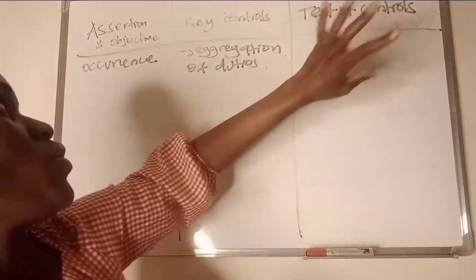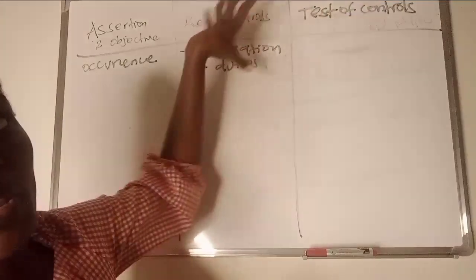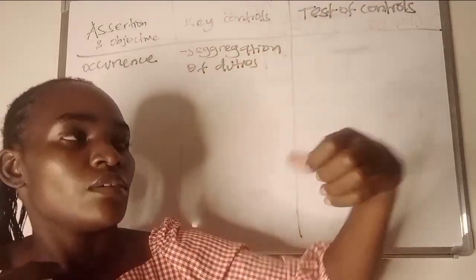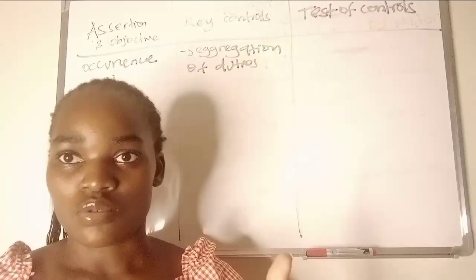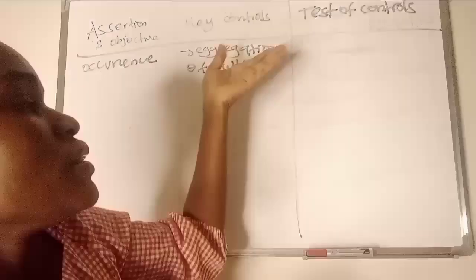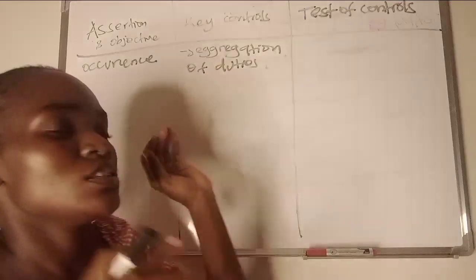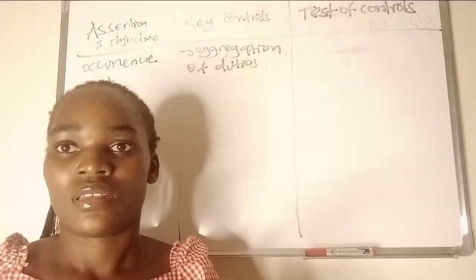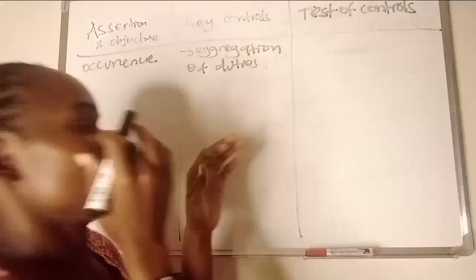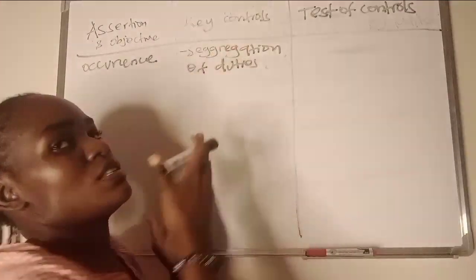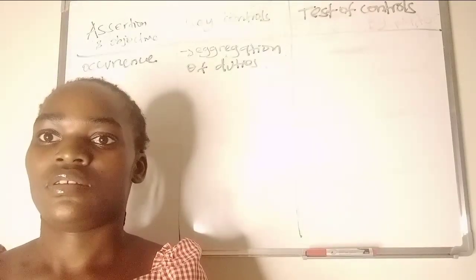So what's the test of controls for this? Like what is the auditor supposed to do to see if segregation of duties is working properly? That's what we call test of controls. They are testing this to see if it's effective or not.